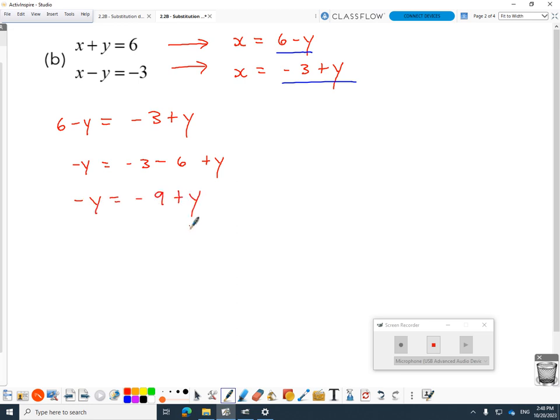Well, who's your friend then? Your phone or your calculator will do negatives. You can just type it in. Okay, I want letters on the left. I want numbers on the right. What has to move if I want this to happen? The positive y has to come over.